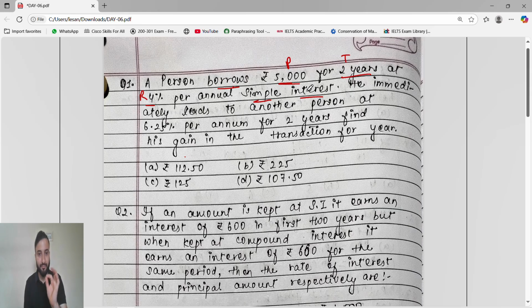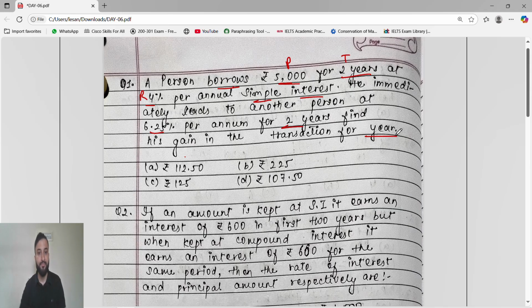We'll read the full question, then you will understand. They said a person borrows 5,000 for 2 years at 4% per annum simple interest. He immediately lends to another person at 6.25% per annum for 2 years. Find his gain in the transaction for year.